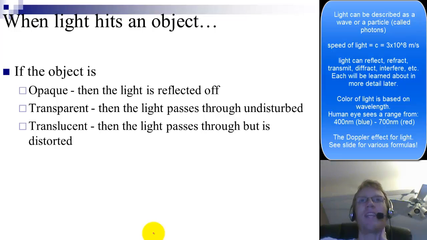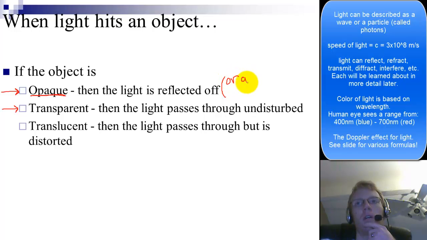Okay? So when light hits an object, based on the things we've just said, there's ways you can classify a material based on what happens. If the material is considered to be opaque, that means the light is reflected off, I'm going to add here, or absorbed. So opaque means the light doesn't pass through. The way it could not pass through is if it's all reflected or if it's all absorbed.